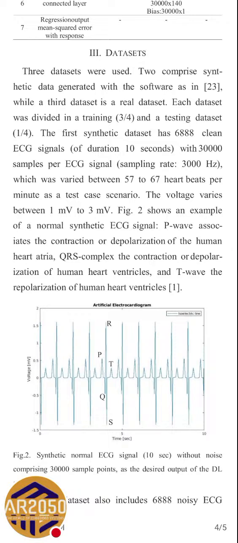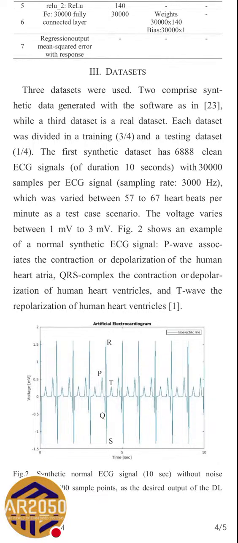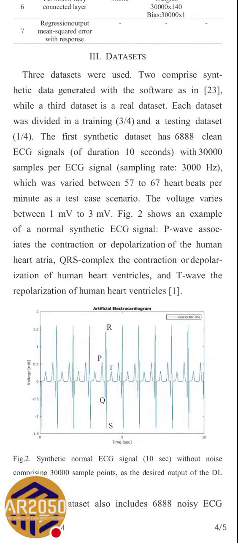If I were doing it, I would just downsample it. I would not keep 30,000 samples for 10 seconds of an ECG. But good for them. As a test case scenario, the voltage varies between 1 millivolt and 3 millivolts.